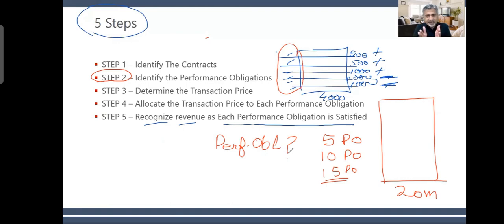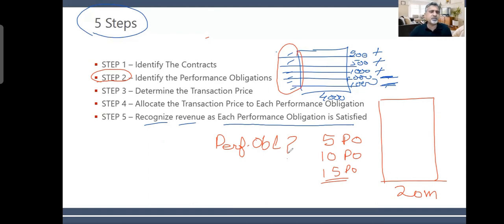If the client can get benefit out of it, if it can be used separately without some other thing, if it can be sold to someone, it can be used by someone, if somebody can somehow get benefit out of that activity, it is called a performance obligation.